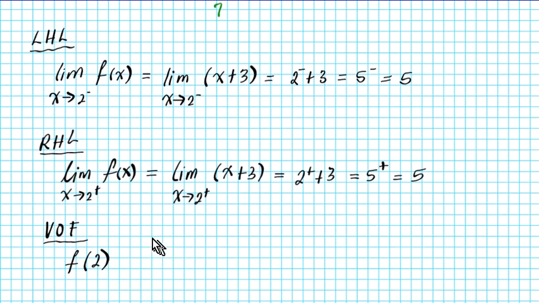So f of 2 is simply going to be 7 evaluated at x equals 2. When you evaluate 7 at x equals 2, you're going to get 7 because 7 is independent of the x value. It is a constant function, which is always 7.